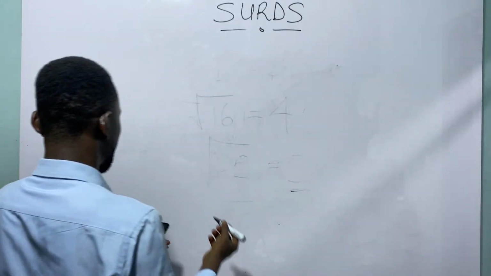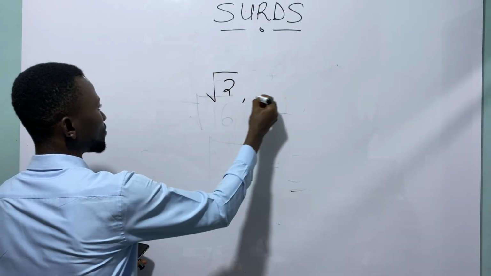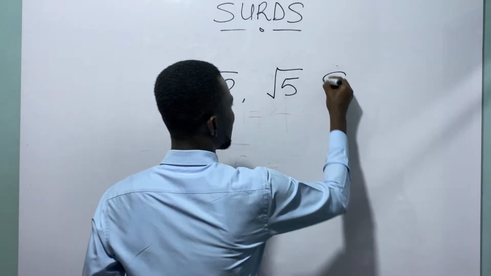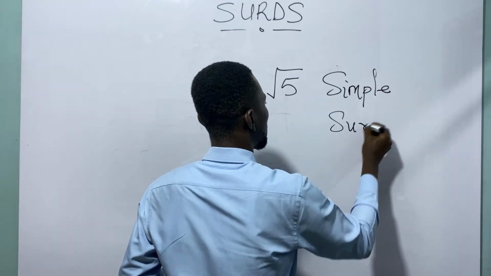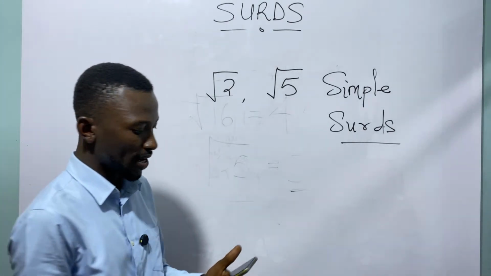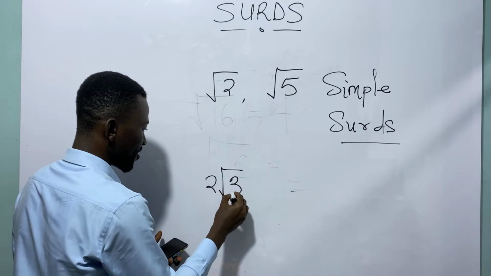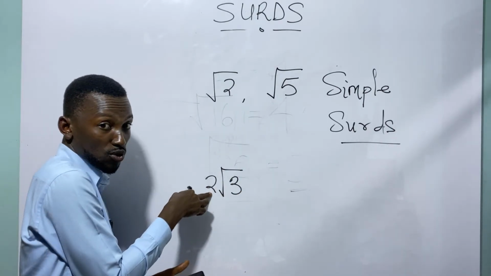We have simple surds. For example, square root of 2, square root of 5. They are all known as what? Simple surds. Then we have another example like 2 square root 3. So we have square root of 3, but in front there is 2.